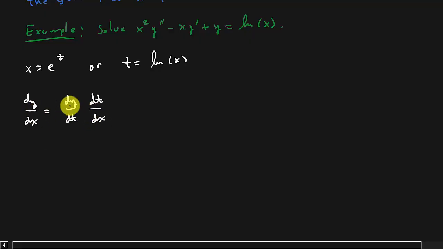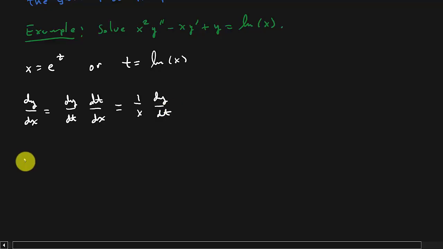The dt's would go out. That is equal to dy/dt. I don't have y equals anything up here, so there's nothing I can really do. But dt/dx, the derivative of t with respect to x, is 1 over x. So that equals 1 over x times dy/dt. There's my first derivative.